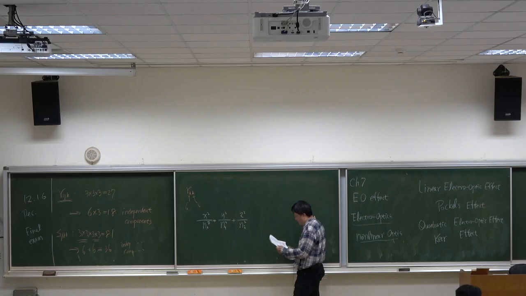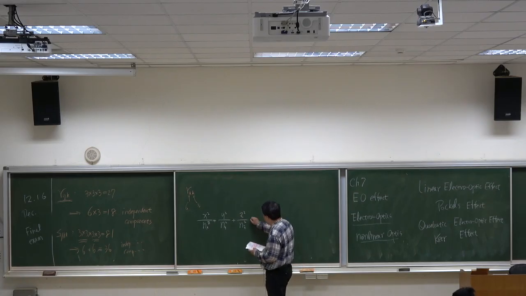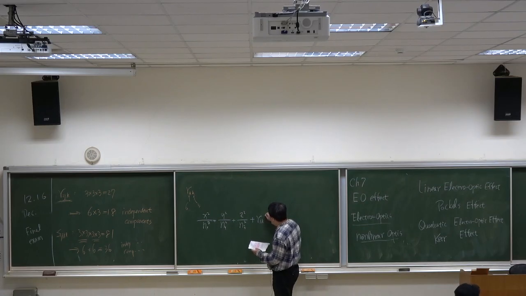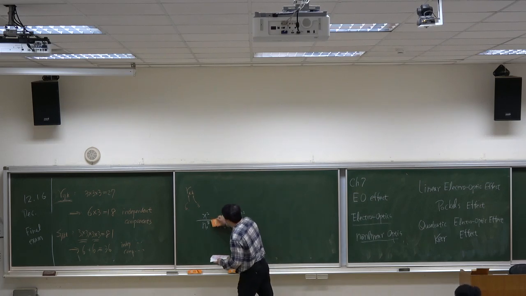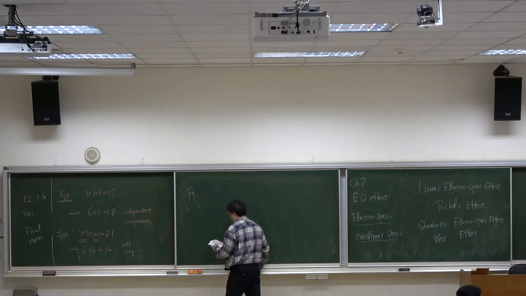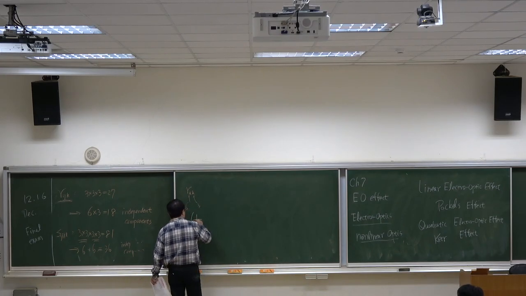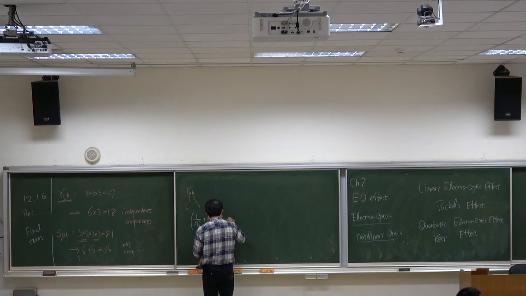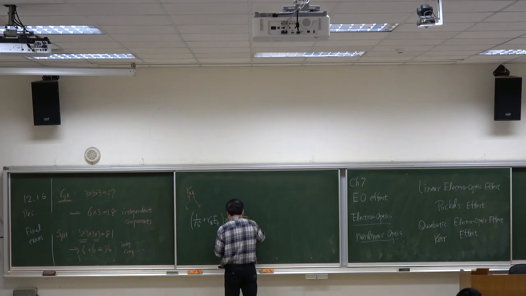We have this R1k. After we apply the electric field, the index ellipsoid becomes this form.